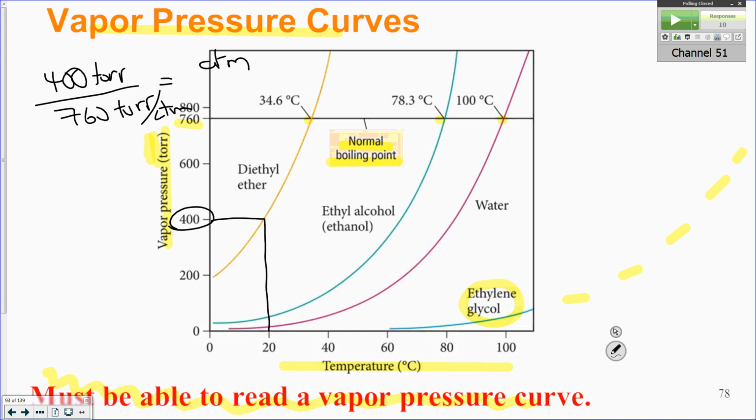If I ask, choose one of these 4 substances, diethyl ether, ethanol, water, or ethylene glycol, which one has the lowest intermolecular forces? It'd be the one on this side, because it has the lowest boiling point. The highest would be ethylene glycol, because it by far has the highest boiling point. So we need to be able to read a vapor pressure curve.